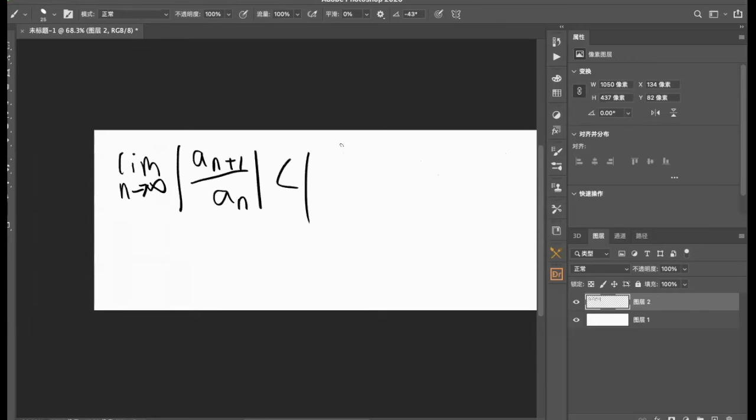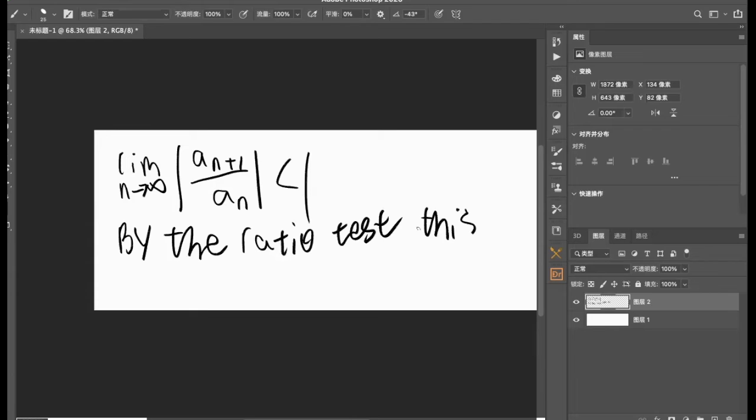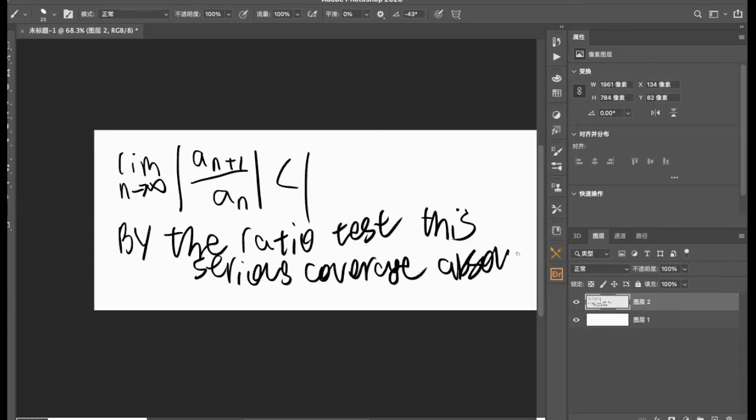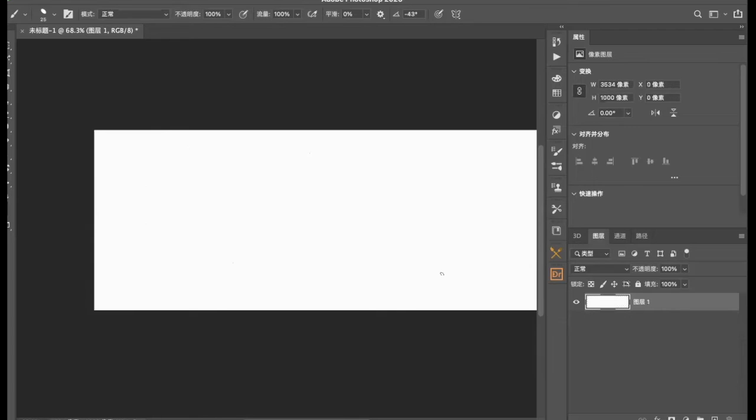If it is, to answer any FRQ related to this, you say by the ratio test, this series converges absolutely. If it was bigger than 1, all you need to write is this series diverges. Done.